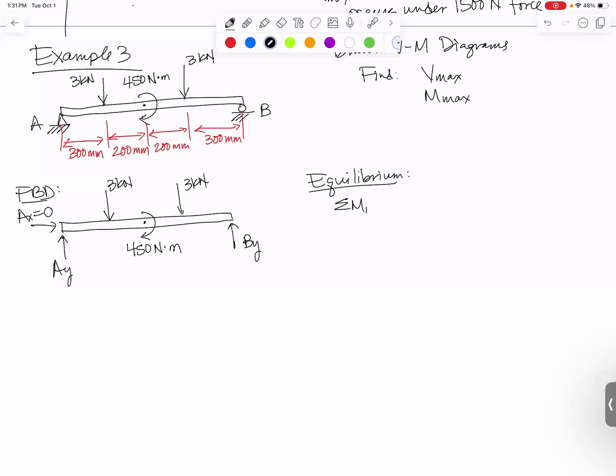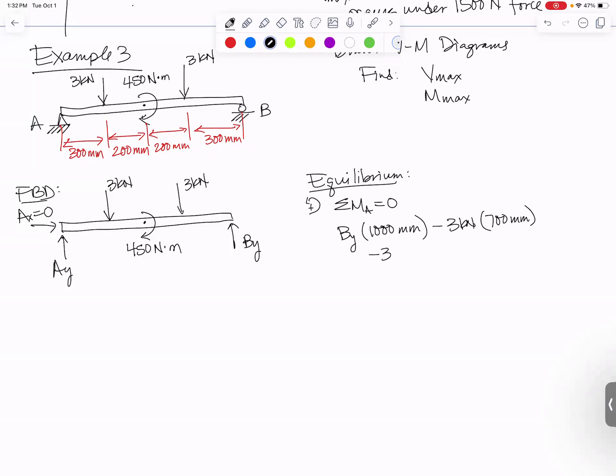I'm going to sum moments about point A. And in doing that, BY is, I think that adds up to 1,000 millimeters away from point A. So that's the moment caused by BY. It will be counterclockwise. Clockwise, I'll have minus 3 kilonewtons times that one is 700 millimeters away.